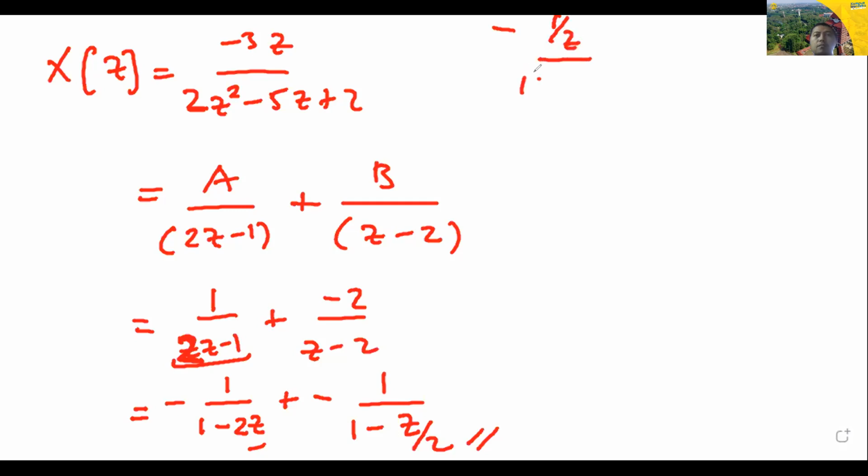z over z minus 2. For the first part, the x[n] is the inverse of the first.